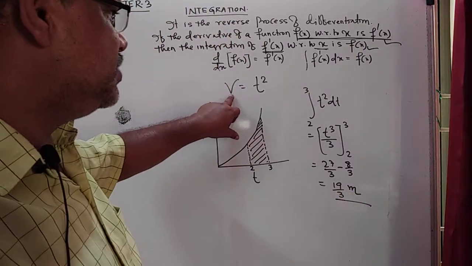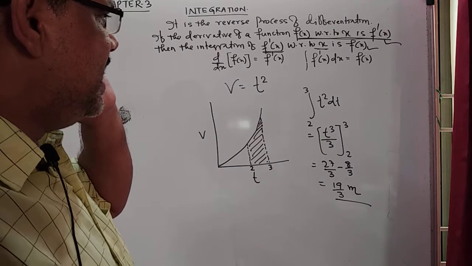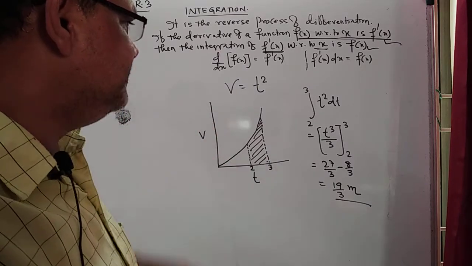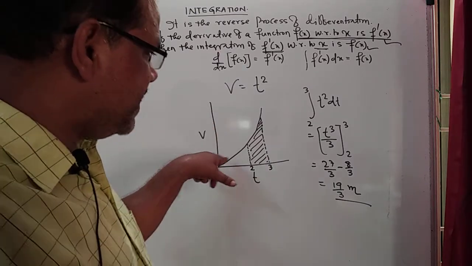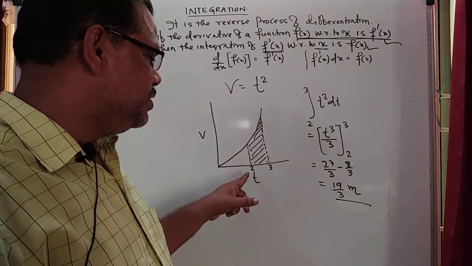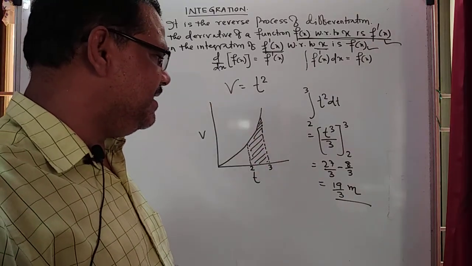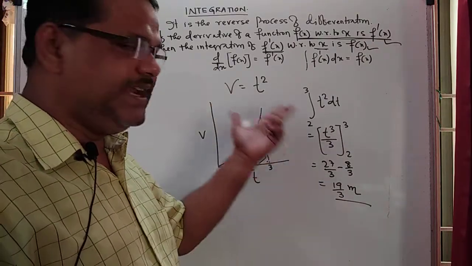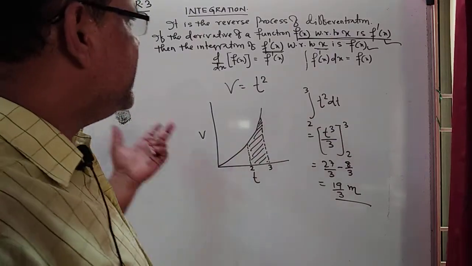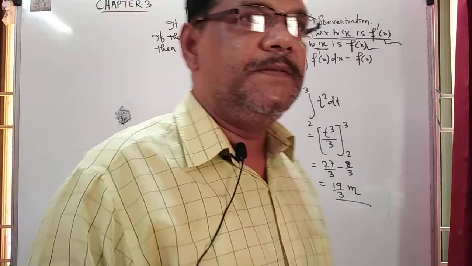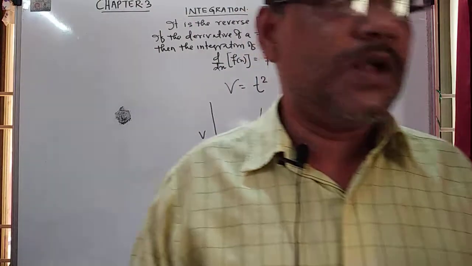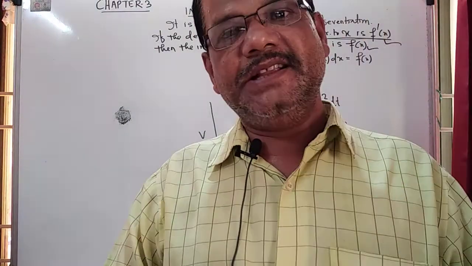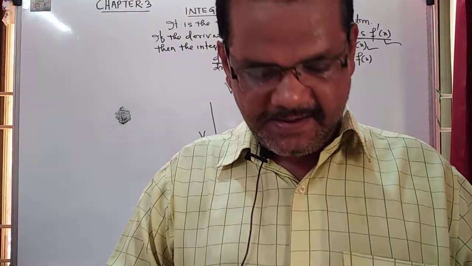If the equation of motion is v equal to t square and you plot the vt graph, between 2 to 3 seconds you can get the area by using the definite integration. So you can get more and more applications of integration and differentiation in day-to-day physics.